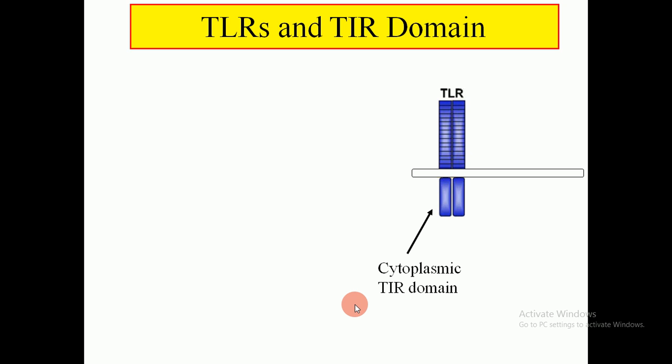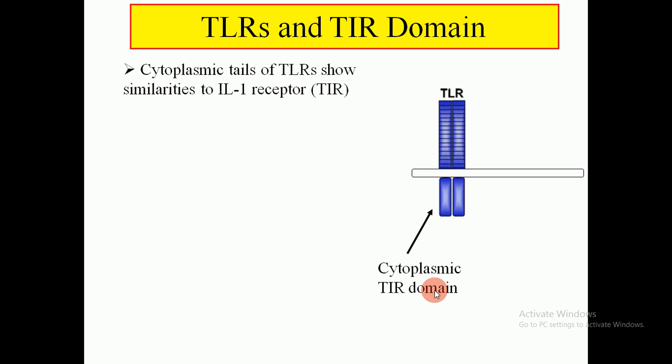Here are the toll-like receptors and the TIR domain. This is the toll-like receptor and this is the cytoplasmic TIR domain. The cytoplasmic part of toll-like receptor shows similarity to interleukin receptor 1 TIR.